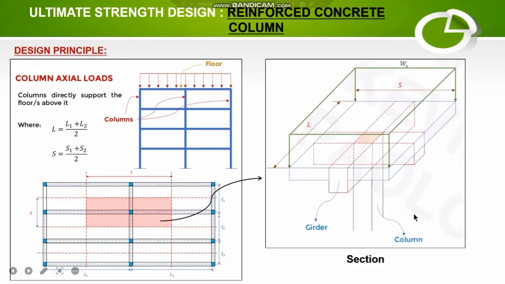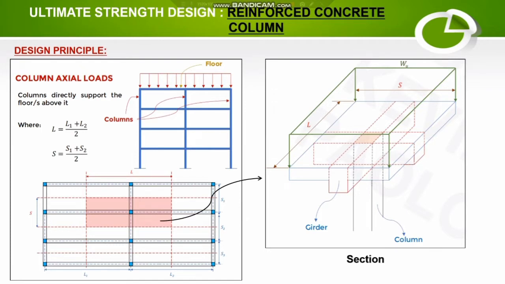So, if this is our column, the loads under that tributary area are shown in this diagram. Our uniformly distributed load is represented by WU, this is the short side S, and this one is our long side, and this is the column, the girder, and the beam.